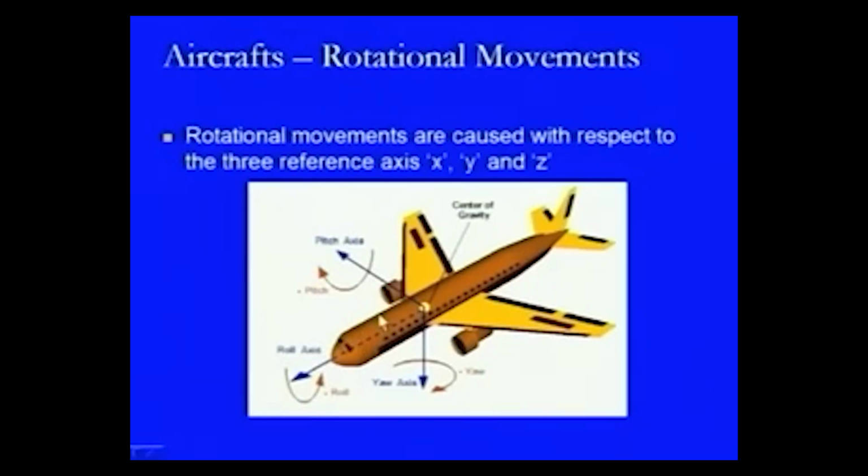Similarly, when we look at the y axis that is coming in this direction, then there is a possibility that the aircraft can take a movement like this, meaning the nose will go up and the tail will come down, or the tail will go up and the nose will come down.